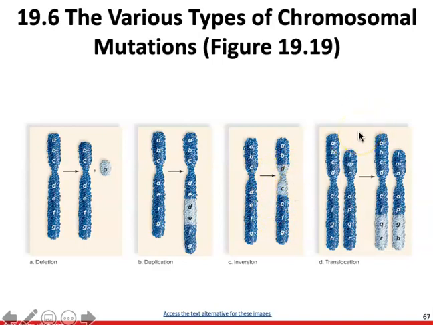Translocation is when we move a segment of a chromosome to another non-homologous chromosome. So here we have two completely separate chromosomes, and what happened is we broke a small portion off, and when we went to repair them, we didn't attach them in the right order. It's kind of like, if you guys ever did this when you were younger, when we played with our markers, we would sometimes mismatch the caps.